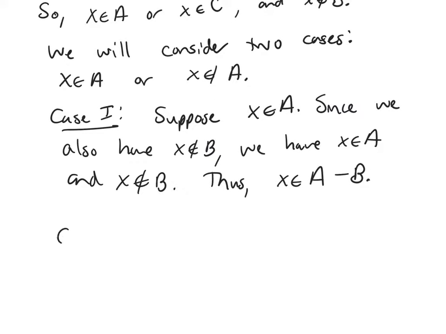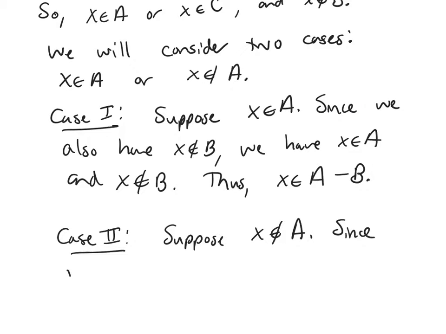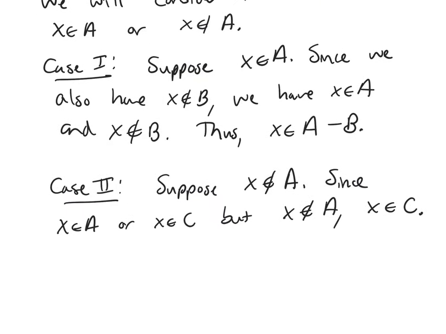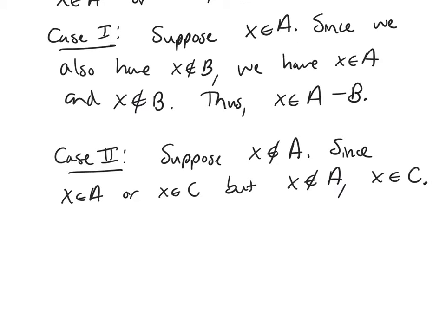Then we had case two, where we supposed that X was not in A. But since X is in A or X is in C, and we knew that X was not in A, that meant that X had to have been in C. So here's where we sum up what we learned from our two cases.